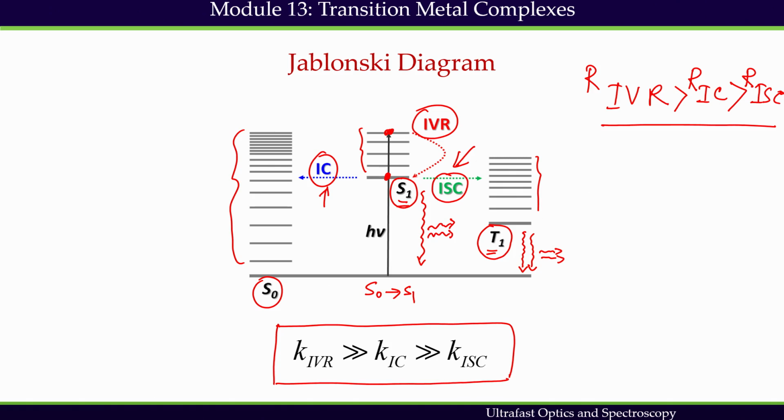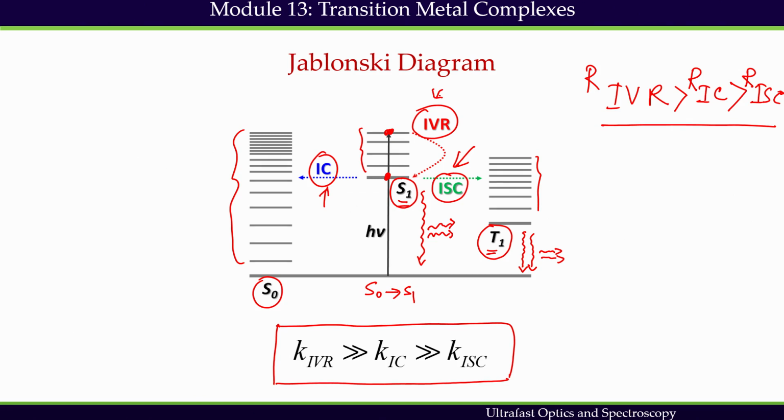This anticipated trend is largely based on the spin allowed nature of IC versus the spin forbidden ISC process, as well as the expectation that the surface to surface crossing characteristic of both IC and ISC will be slower than single surface processes such as IVR. So, IVR is a process involving only one state, and that is why it is the fastest process.